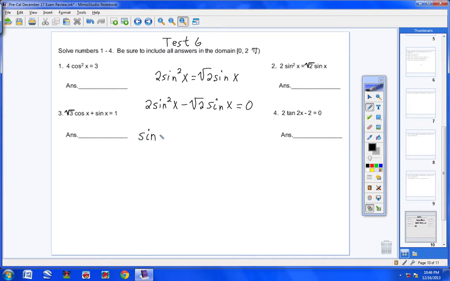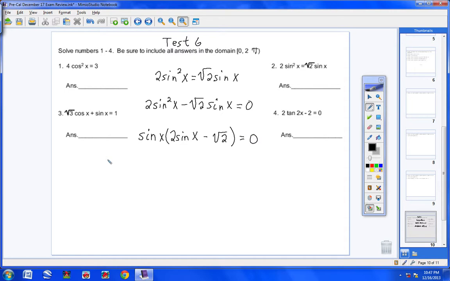So I'm going to pull a sine x out, and I'm left with 2 sine x, because sine times 2 sine is 2 sine squared. And then over here I'm left with negative square root of 2, because sine times negative square root of 2 is negative square root of 2 sine x, equals 0.